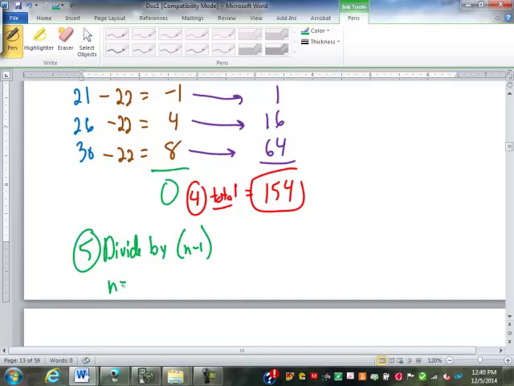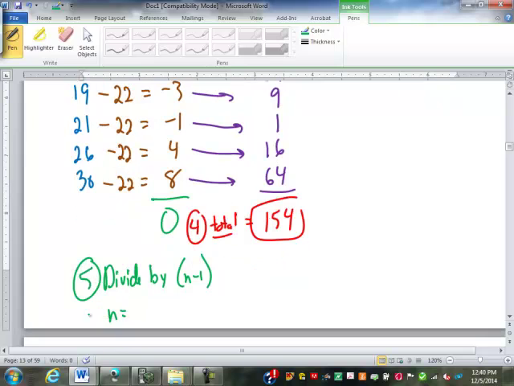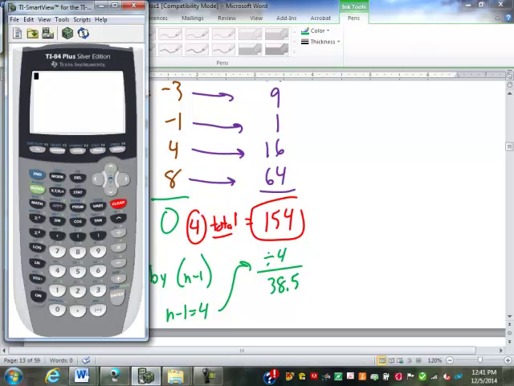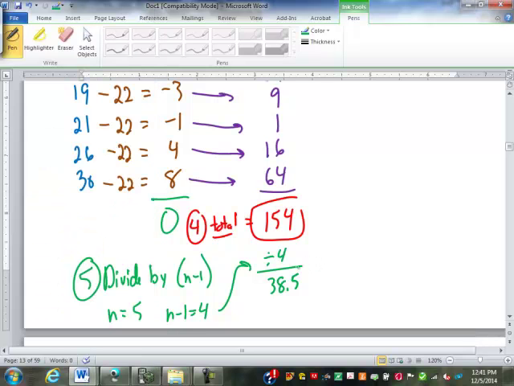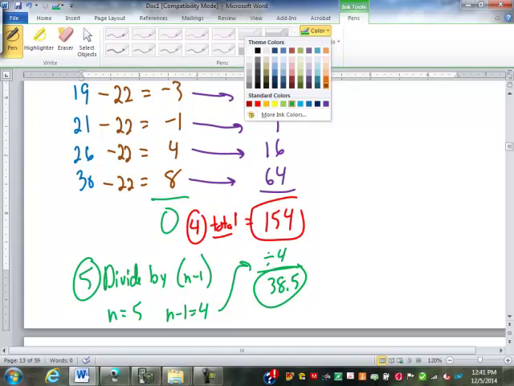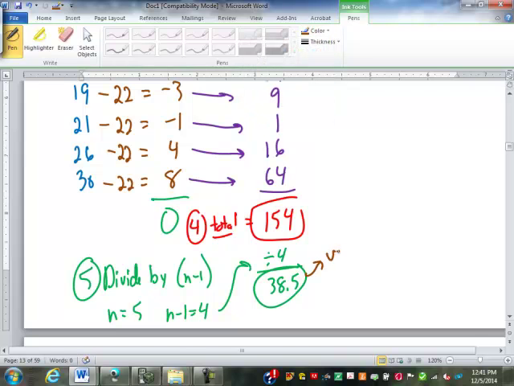What's n for this data set? 5. So n minus 1 is 4. So you're going to divide by 4, which is going to be, what, 38.5, I believe. There it is, 38.5. By the way, if we stopped here, this number would be what is called the variance.